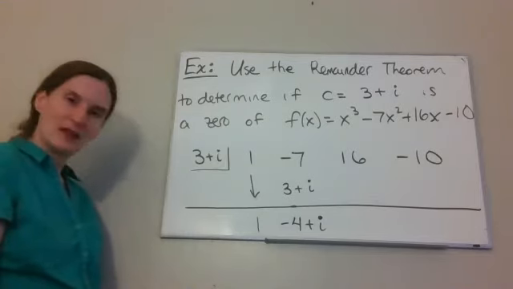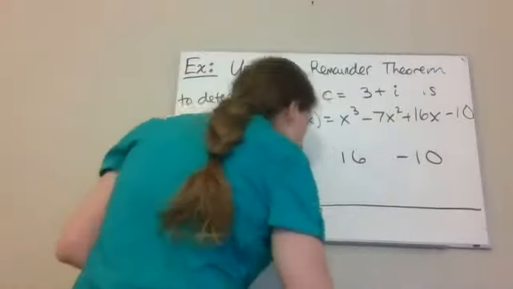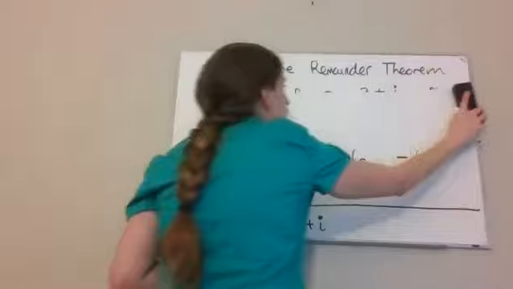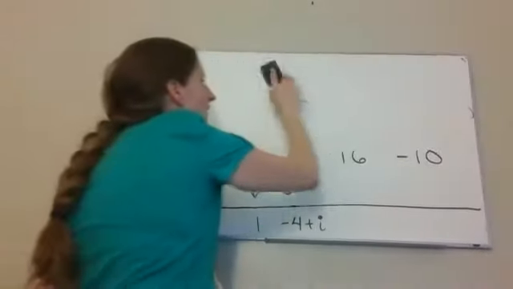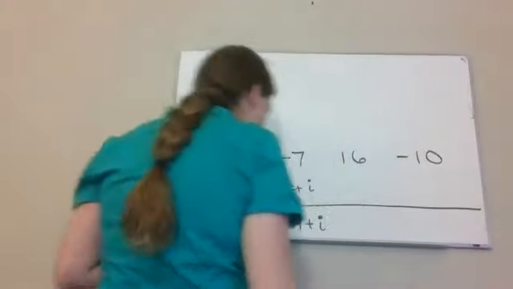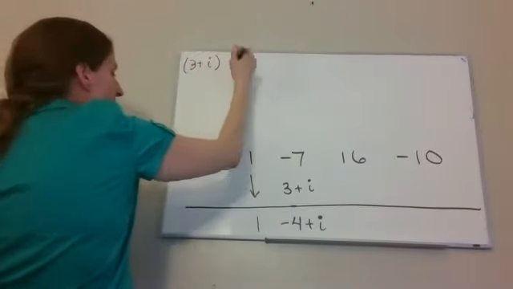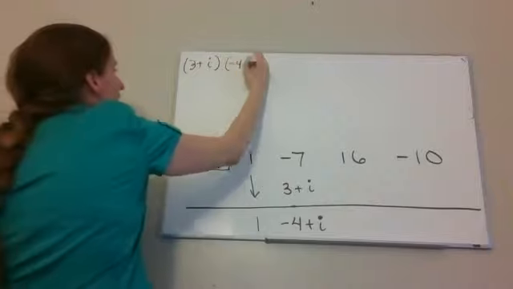And that might be a little difficult to do in your head, so I would suggest you do that on the side as some scratch work. So I'm just going to do it up at the top of my board. 3 plus i times negative 4 plus i.